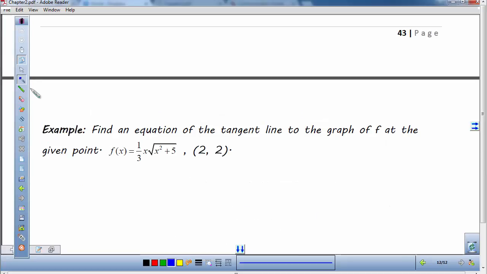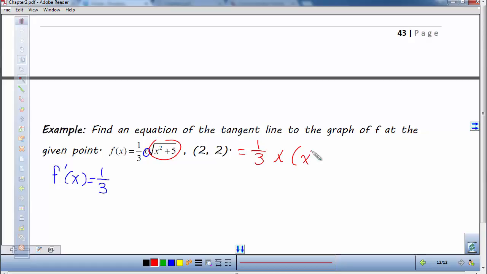First, I've got to find the derivative. So f prime of x. I'm just going to pull the 1/3 out. He's going to go along for the ride. My first is going to be x, and my second is going to be all of this, which I could rewrite as x squared plus 5 to the 1/2.